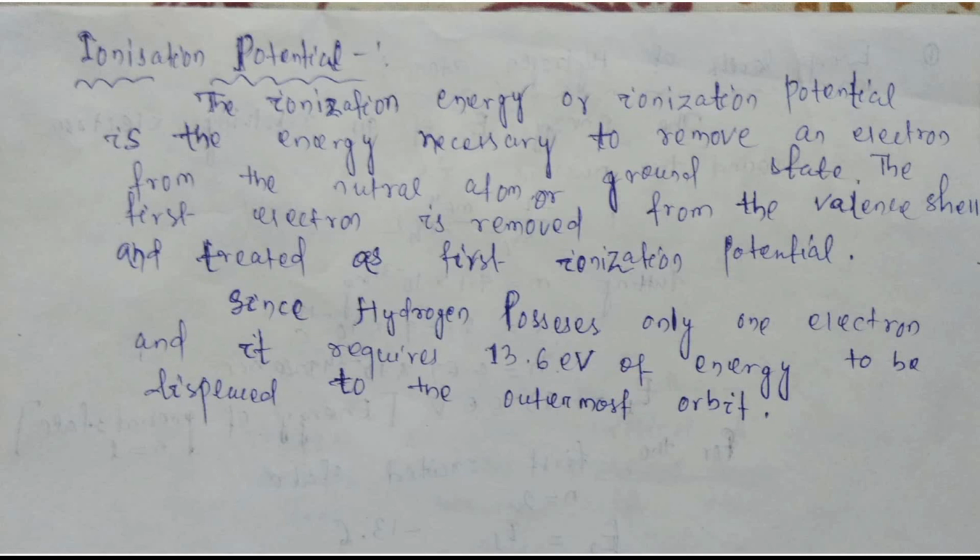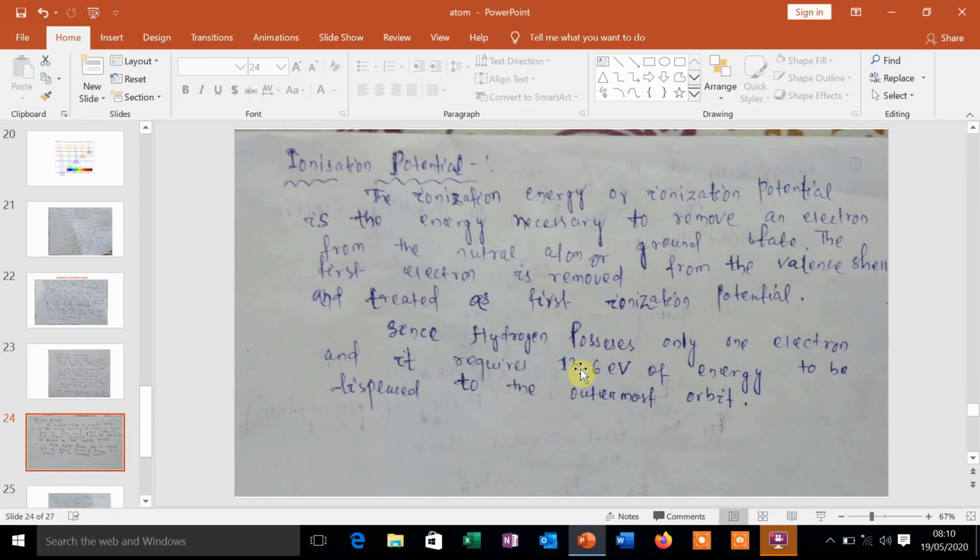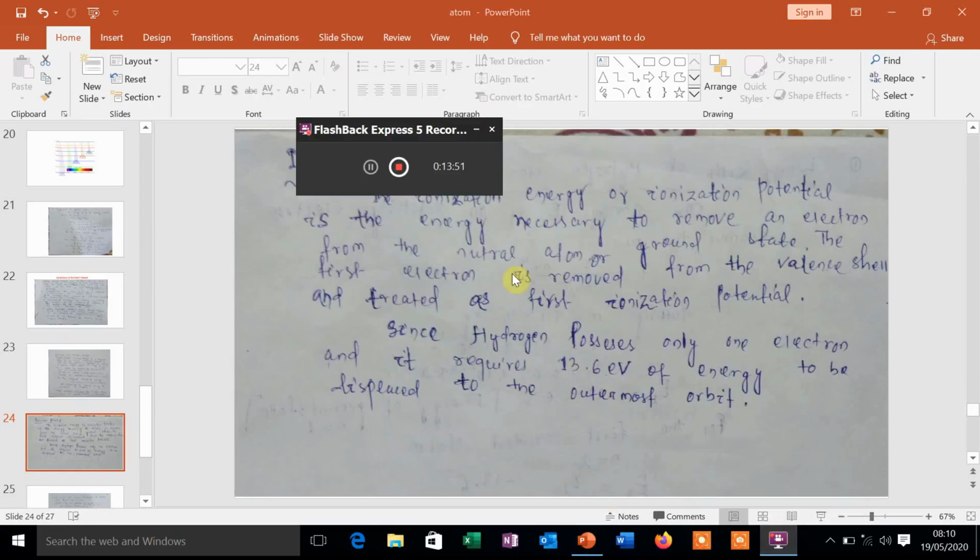Some short questions will come: the energy associated is 13.6 eV, what is the amount of the ionization potential? Simply we say 13.6 volt, just a difference of units, nothing else. In the case of energy, 13.6 eV means electron volt, but in the case of potential, it is 13.6 volt. So this is all about excitation and ionization potential.